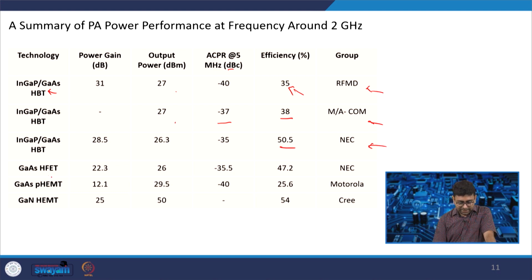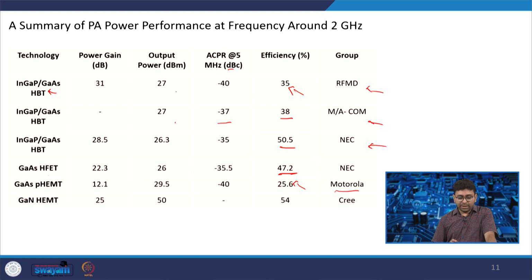With GaAs HFET, heterojunction FET, NEC has also achieved an efficiency of 47.2%. Even PHEMT, which Motorola has used, achieved an efficiency up to 25.6%.